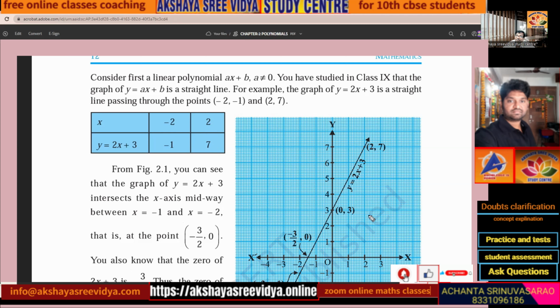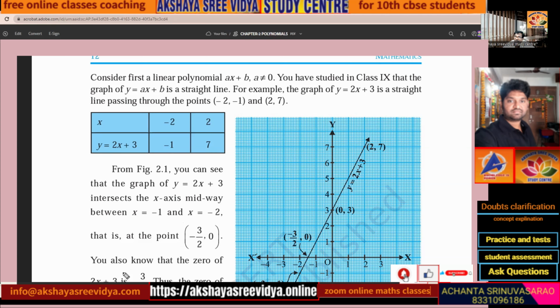From figure 2.1, you can see that the graph of y is equal to 2x plus 3 intersects the x-axis midway between x is equal to -1 and x is equal to -2, that is, at the point (-3/2, 0), and it intersects the y-axis at (0, 3).